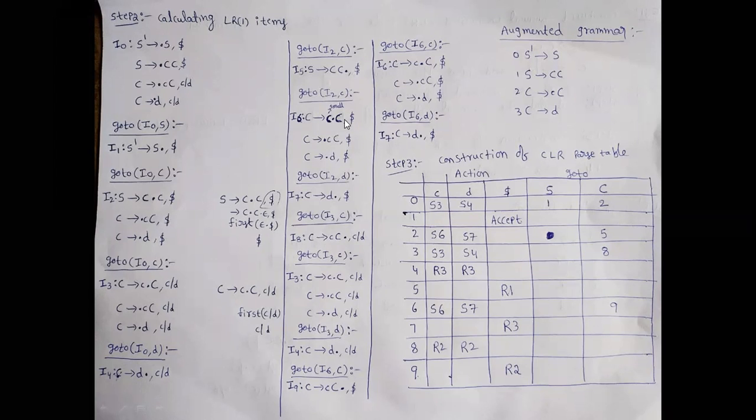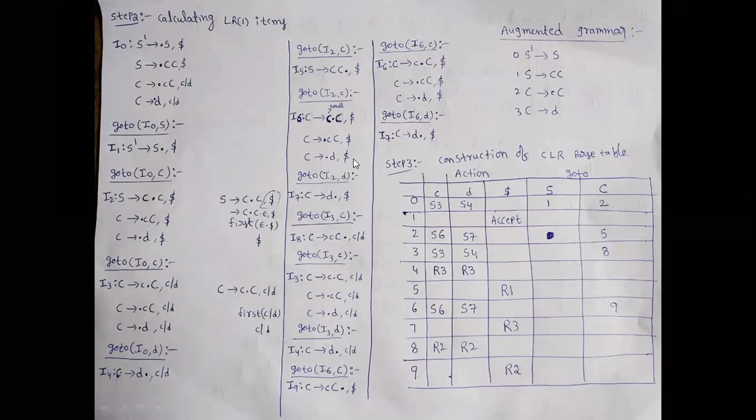So after the dot we have a non-terminal capital C. Then add the productions of capital C. What are the productions of capital C? C is production with dot C capital C, and C is production with dot D.